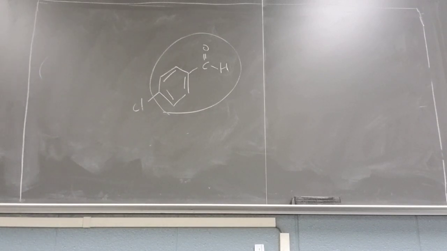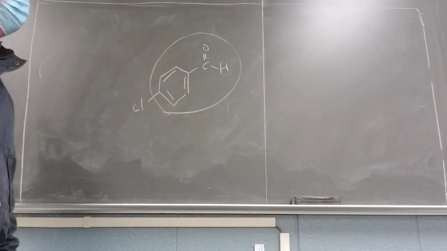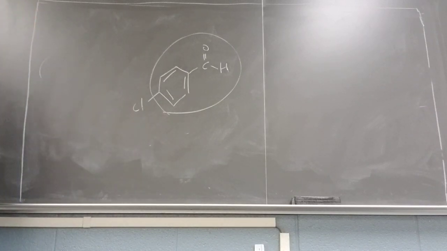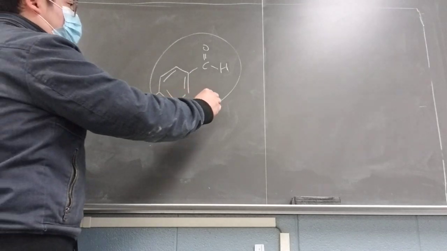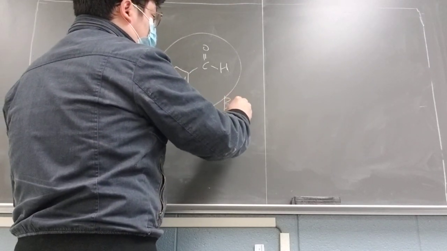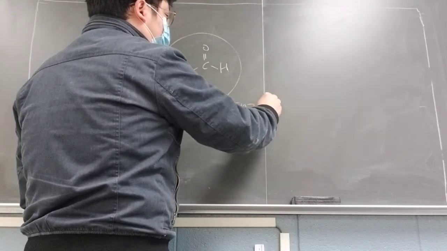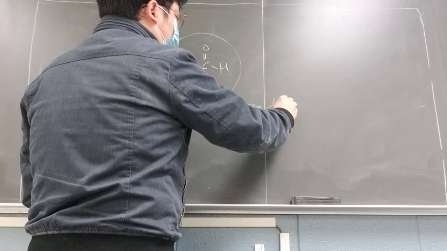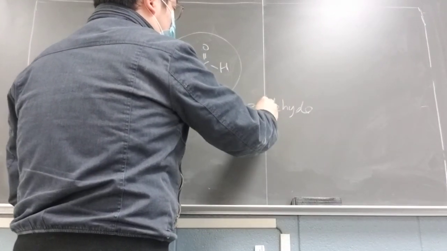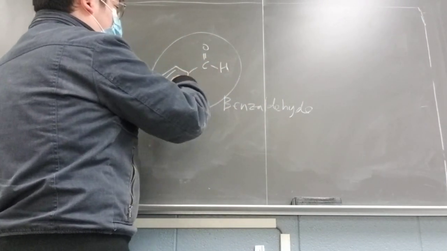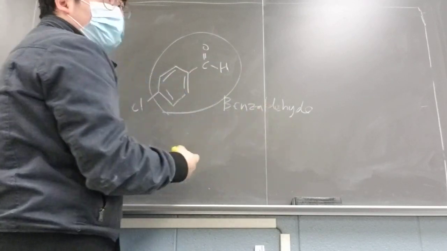Okay. So what might be the answer? So this is what we call benzaldehyde. Because this is simply aldehyde, but it's on the benzene, so benzaldehyde.